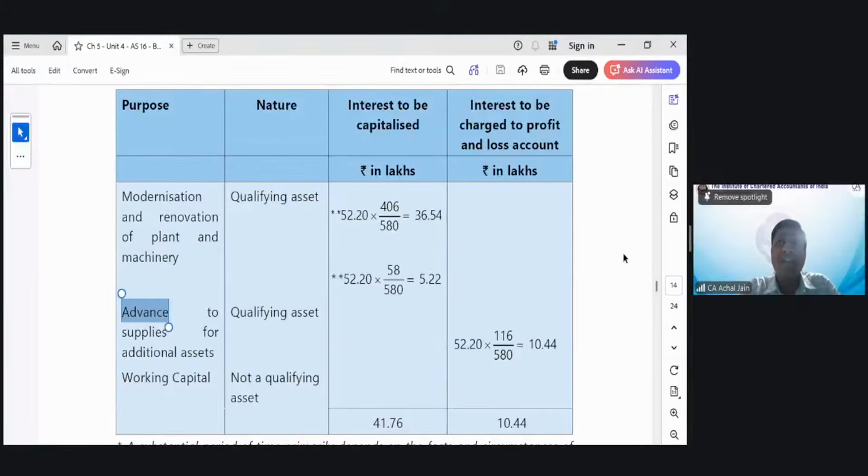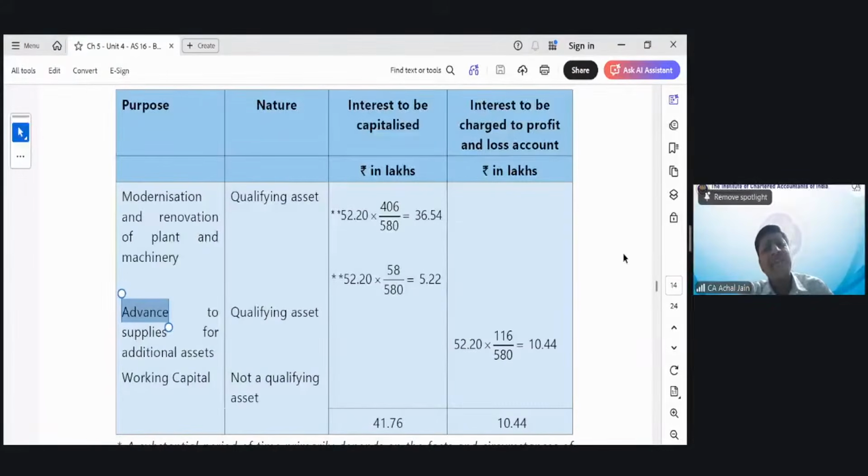But here again, we have a problem. We can't just simply say that the remaining entire amount you will capitalize, because we need to identify the asset to which it belongs. So you'll have to again split it into two parts: the one which goes to plant and machinery, the other which goes towards additional assets.